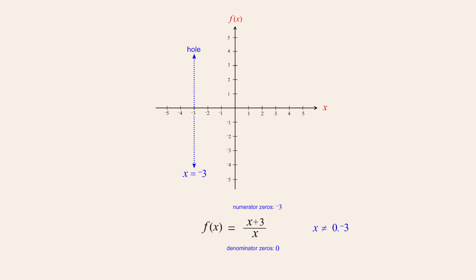So the denominator 0 is the x-coordinate of a vertical asymptote, and the numerator 0 is the location of the graph's x-axis intercept. Therefore, in this example, the x-axis intercept is also a hole, so the graph of this function looks like this.